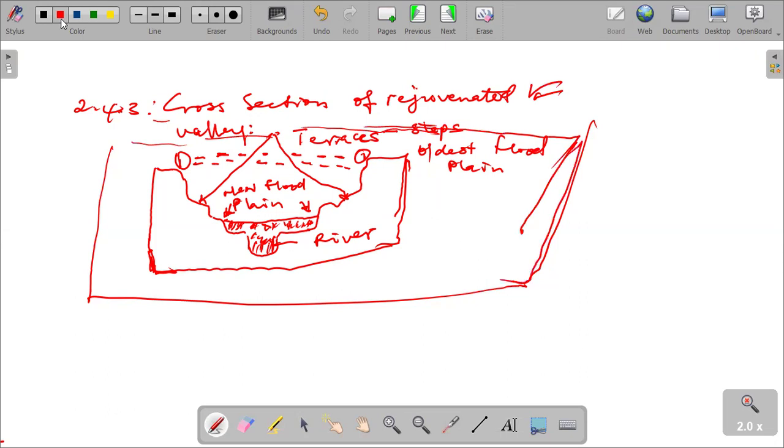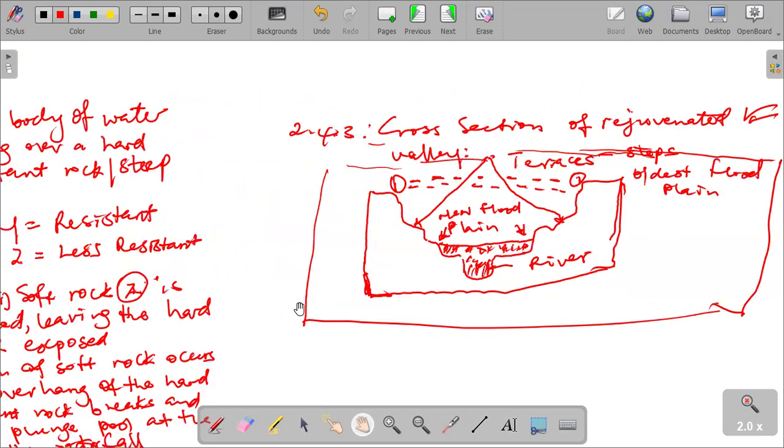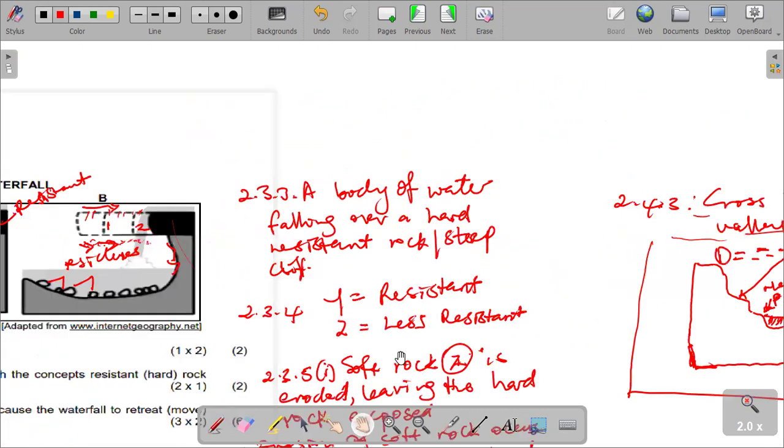So for perfection's sake, we can as well put the borders there. It's just to show that that's the frame of our river channel. It's like that. So the cross-section of a floodplain is being indicated there. So I'm sure you have seen this. Let us quickly go to the next question.